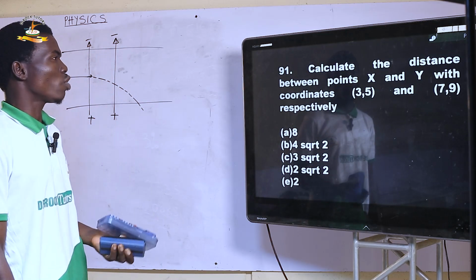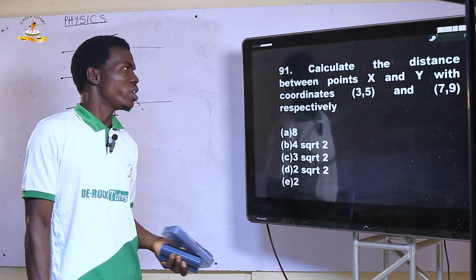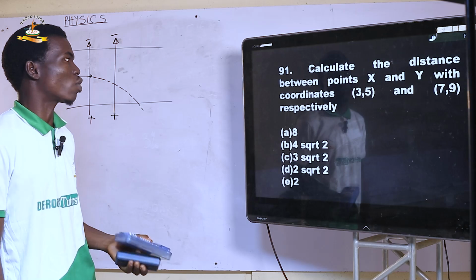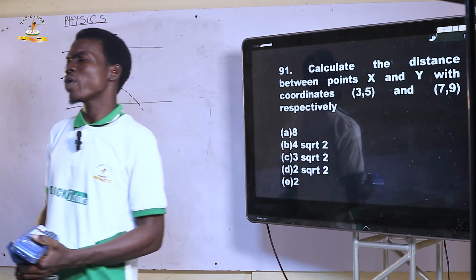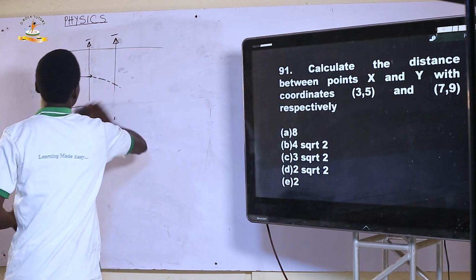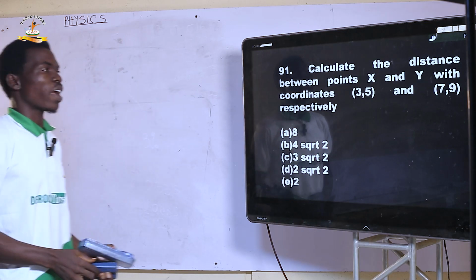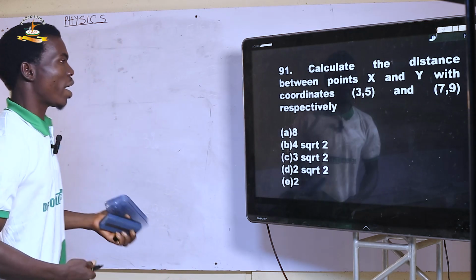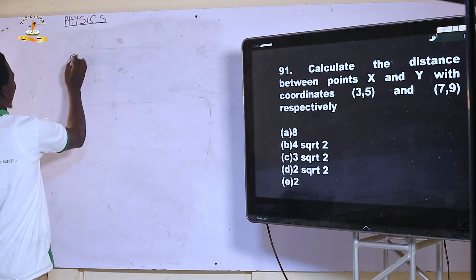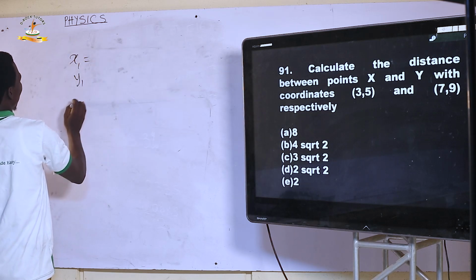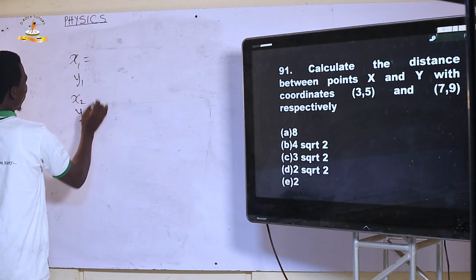91. Calculate the distance between points X and Y with coordinates 3, 5 and 7, 9 respectively. So we have to look for distance when we're given points. However, we need to know that 3, 5 means X, Y. So we have X1, Y1, X2, Y2.